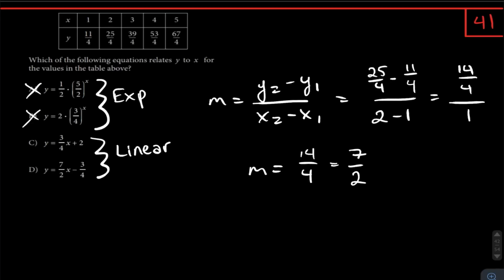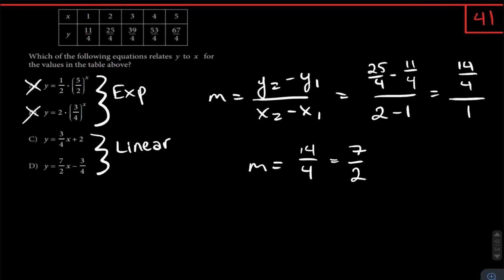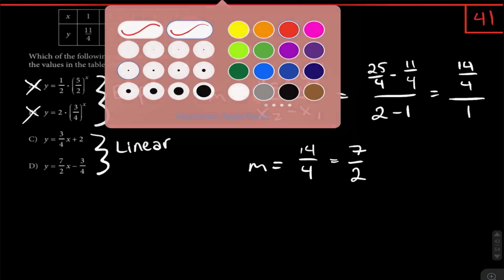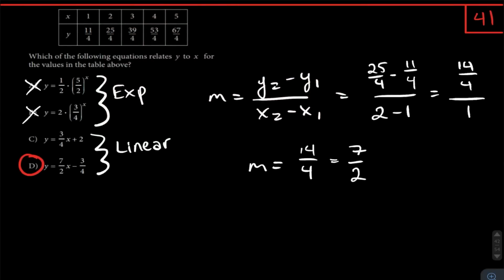But we could have just subtracted 14 over 4 from 11 over 4 and gotten negative 3 over 4 and realized that's where our y-intercept is going to be, because if you move left by 1 in the x direction, you end up at x equals 0, on the y-axis. So it's up to you, but I think the slope method is a lot quicker, and that's what I always opt for anyway. The y-intercept is almost never the quicker way.